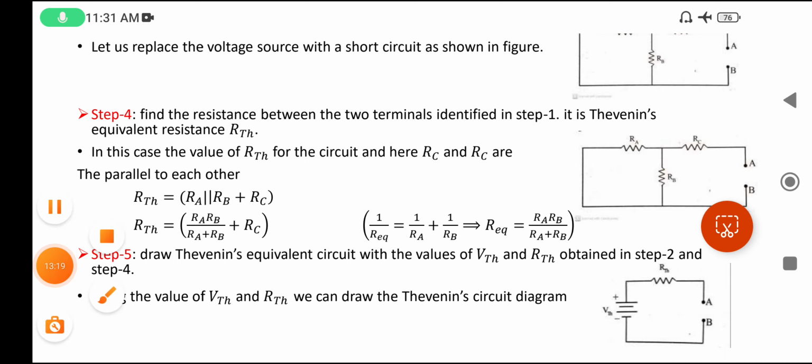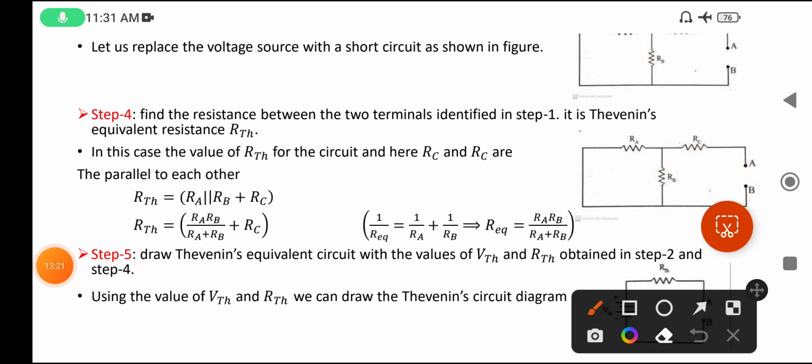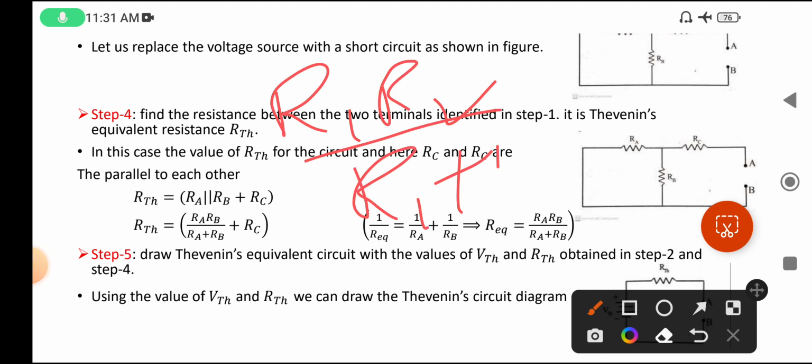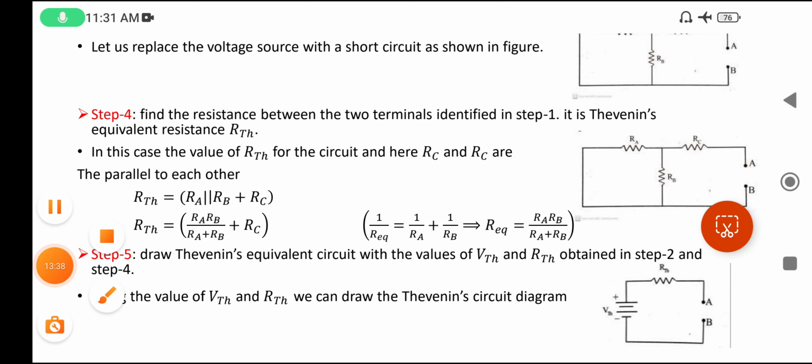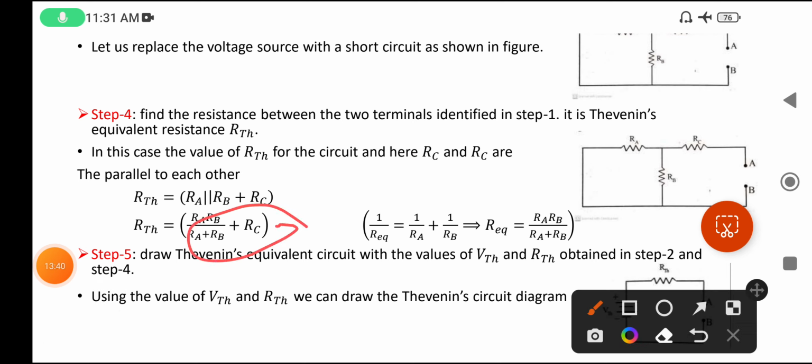I told you in the previous video, if two resistances are in parallel, simply multiply those two resistances above and add them below. Here RA and RB are parallel, so multiply above and add below, plus RC as it is. This resultant resistance is called R Thevenin.